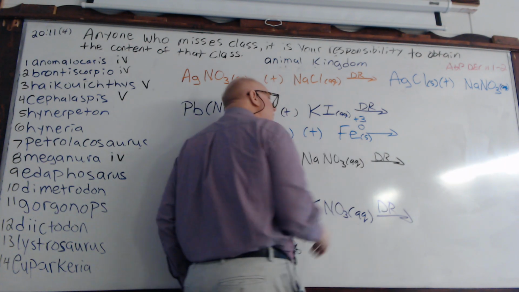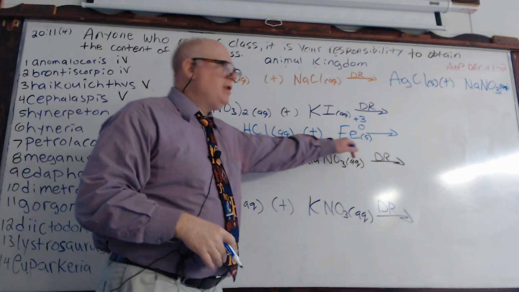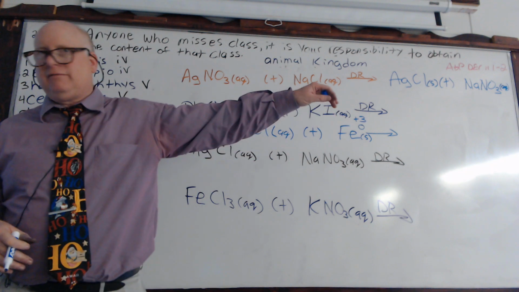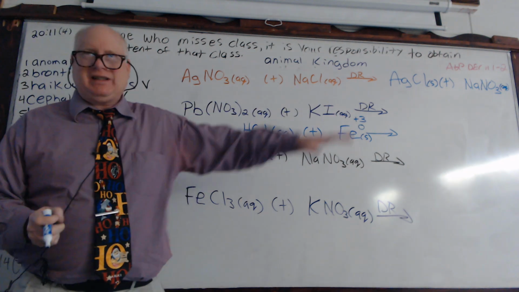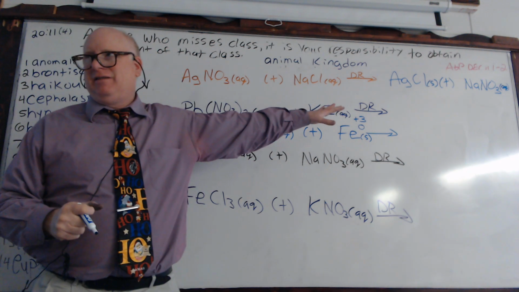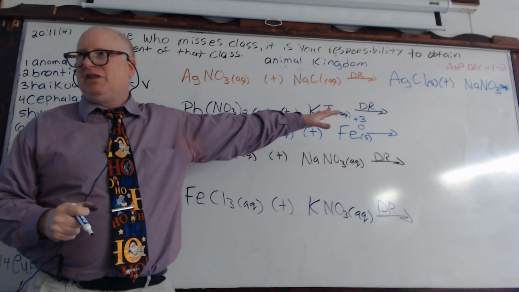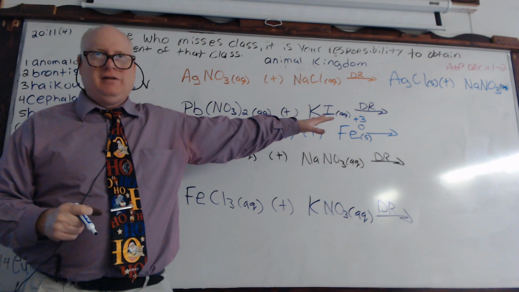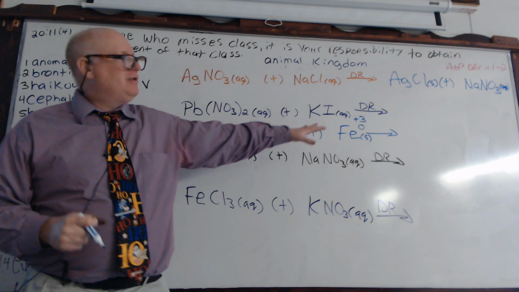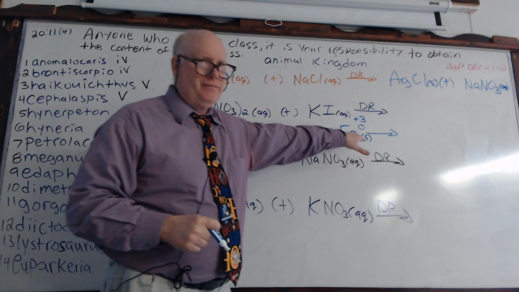Now, you're going to say, how do we know that's a solid state? Well, what's the major component of steel? Is steel a solid? I would say so. So that's why we're putting an S here.